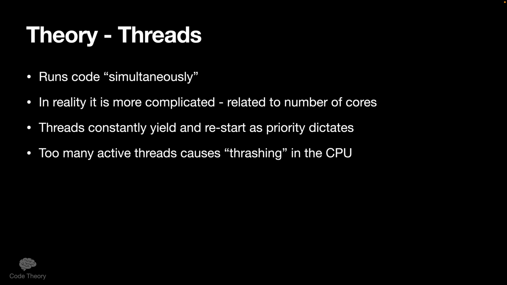So in theory, it runs at the same time. The reality is a little bit more complicated. It has to do with how many cores your processor has. It has to do with what the runtime considers to be important, what the priorities of the different pieces of code are. And basically, it does this constantly, like each thread is like, it's your turn.